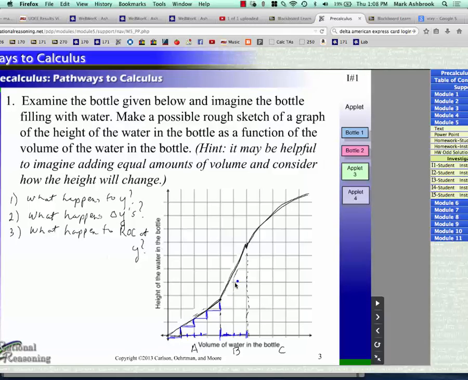Changes are decreasing here. Agree with that? David, what do you think? So I've got decreasing and increasing in this part of the bottle, the changes in y.